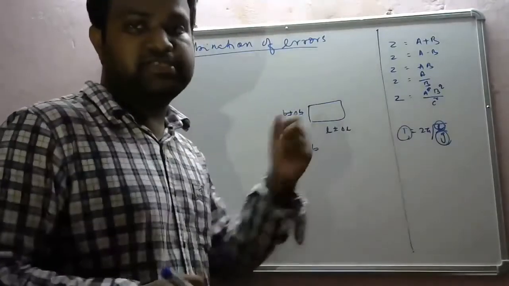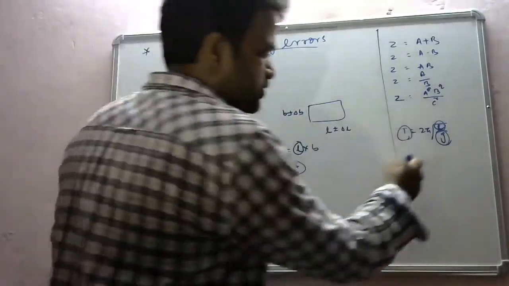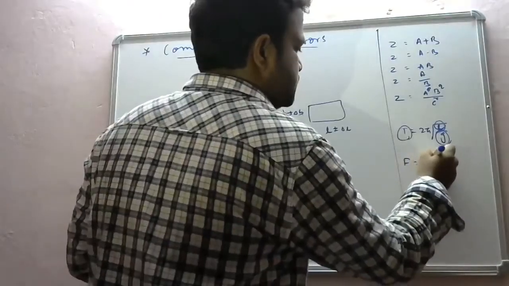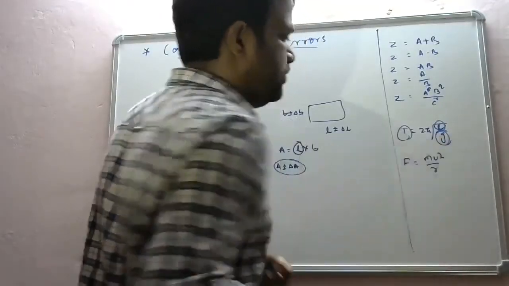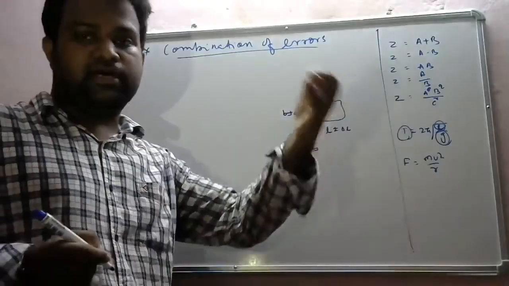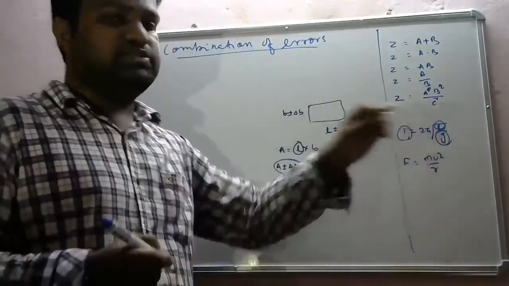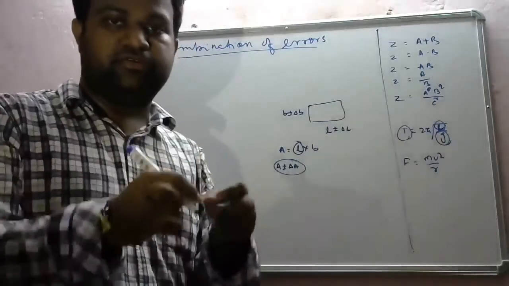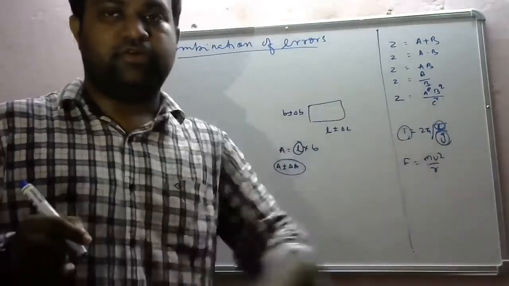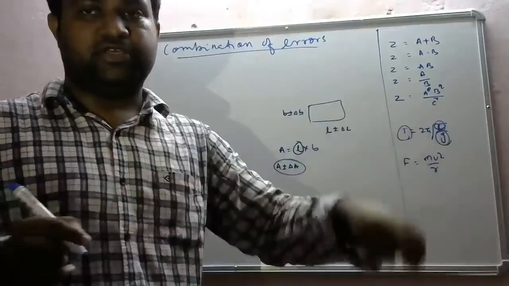For example, you are finding centripetal force. The centripetal force will be m v square upon r. So if you are measuring the mass of the object, there is some error in mass, then there is some error in the velocity of the object revolving in a circular path.